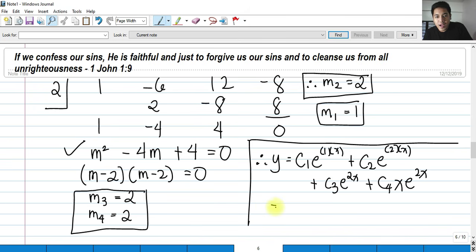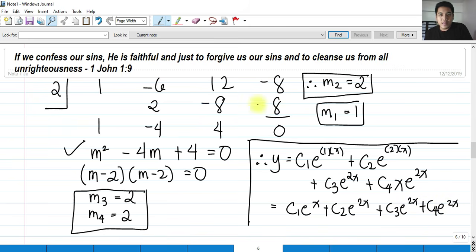Upon simplifying, we have c sub 1 e raised to x plus c sub 2 e raised to 2x, plus c sub 3 e raised to 2x plus c sub 4 x e raised to 2x. So this term, c sub 3, does not have any x because in the form of writing repeated roots, on the very first term, even though this is not c sub 1, we still don't have any x.